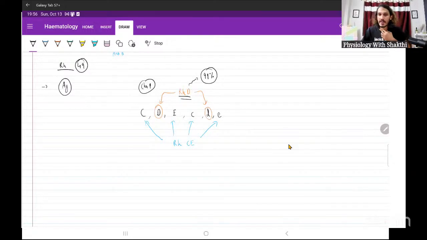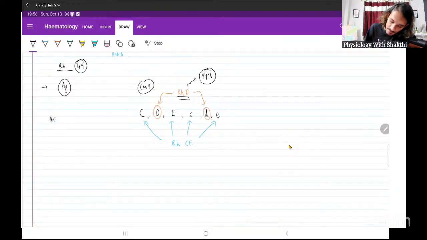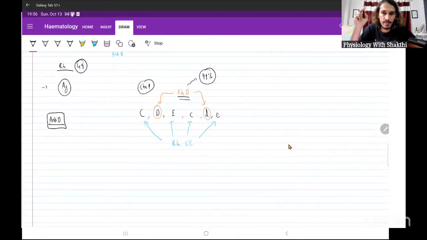Caucasians and all is 85%, still a high number. But in Asians, 99.99% have the RHD gene. So if you have to test RH, then we usually use anti-D antibodies to test it, because the majority of them have RHD.